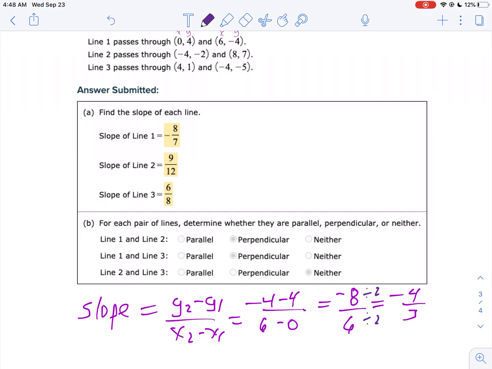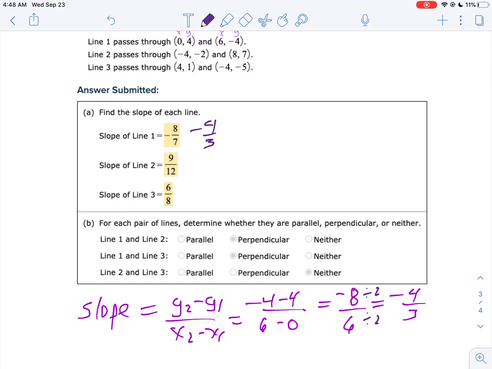I'm wondering what you did to get 7 on this. This is why I need to see your work. So -4 over 3. By the way, your other two slopes are correct, but you want to reduce those.